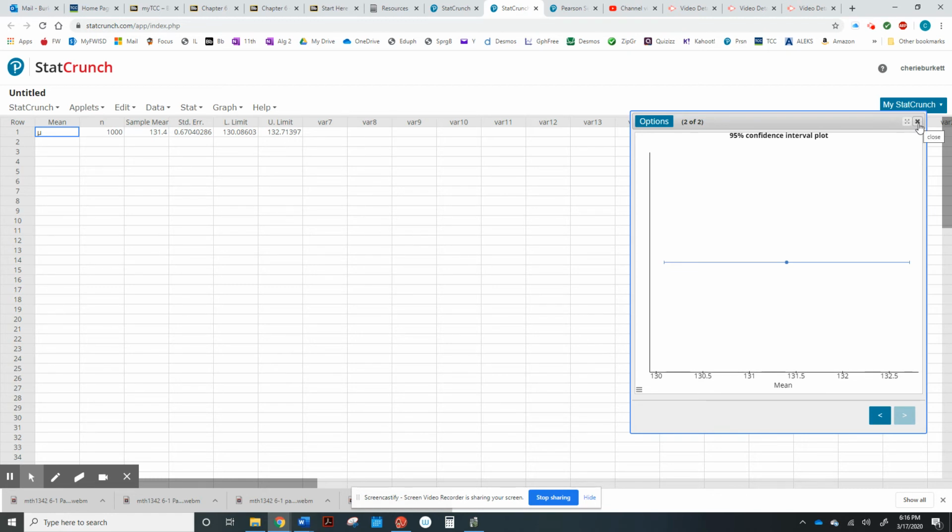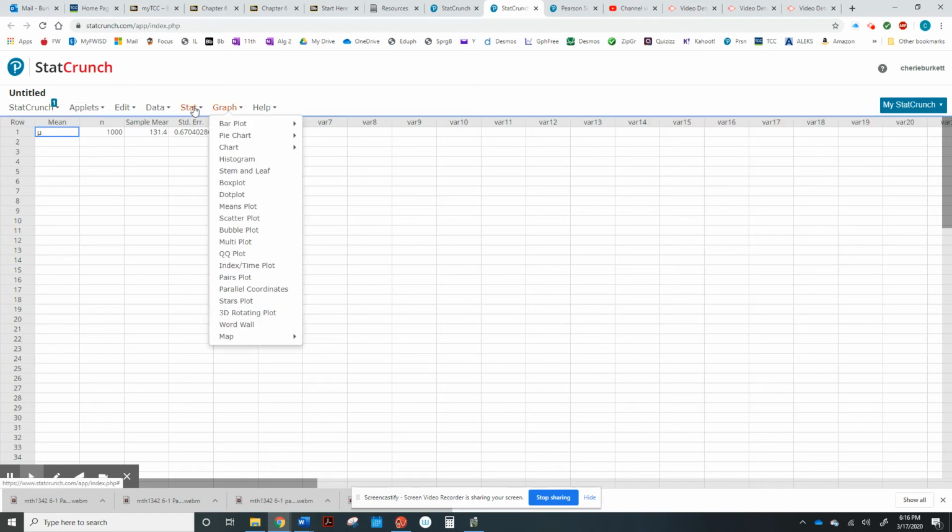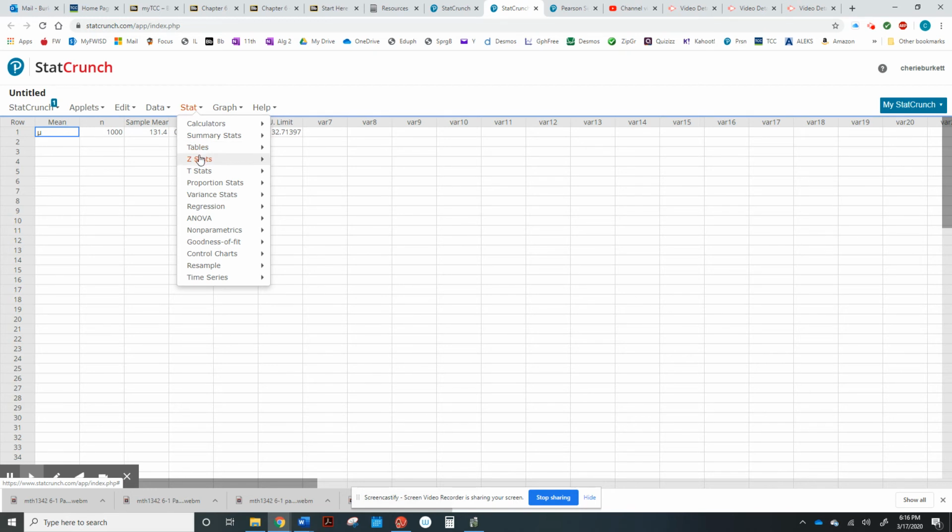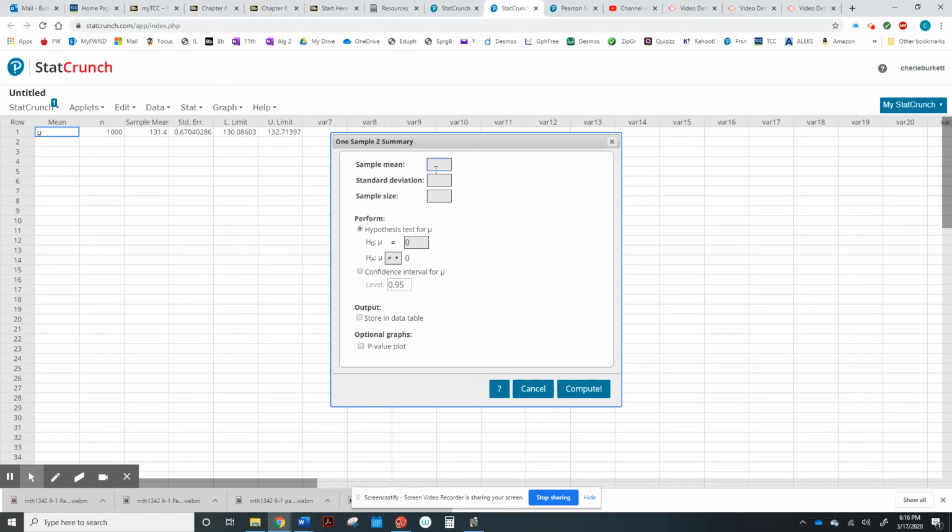And this is our old one, but I think it's fine. We can just go to Stat. Remember, it's Z stats. How do we know it's Z stats? Because we know the population standard deviation. It's only a one sample, and we're doing it with a summary because we don't actually have a list of data. The sample mean in this problem, remember, was 22.9.